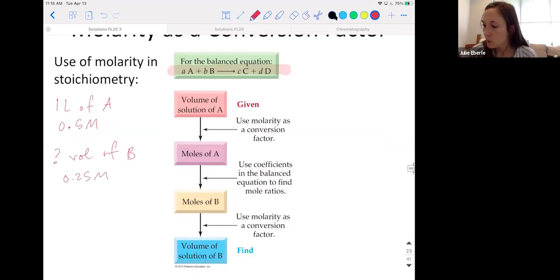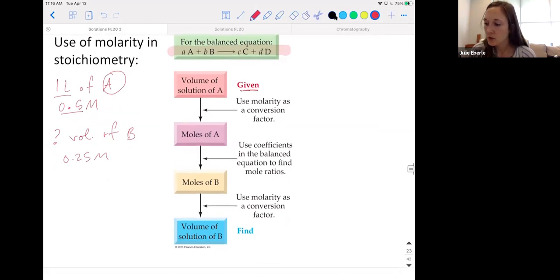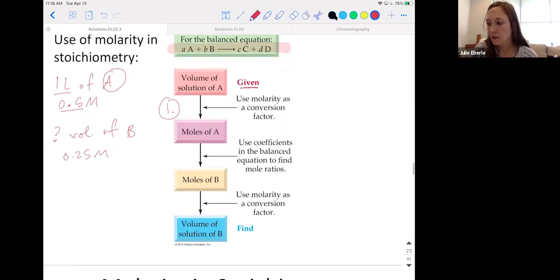So what you're given, look, you are given the volume and the molarity of substance A. So you're going to start with the volume. And step 1 is you're going to use the molarity to convert from liters to moles. Okay? From liters to moles.